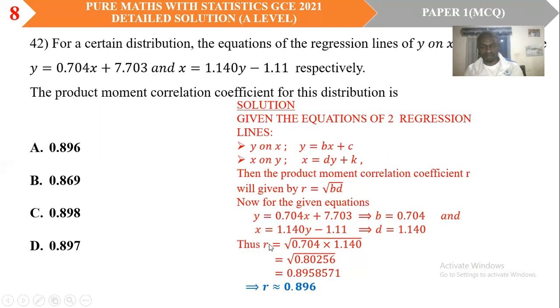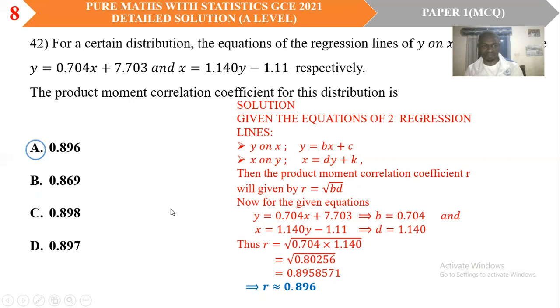Thus, R will be equal to the square root of the product 0.704 times 1.140. Simplifying this gives 0.8958571, which approximates to 0.896 to 3 decimal places.